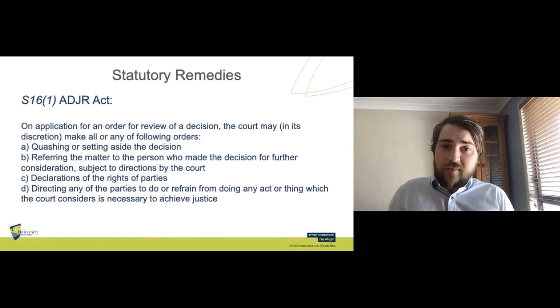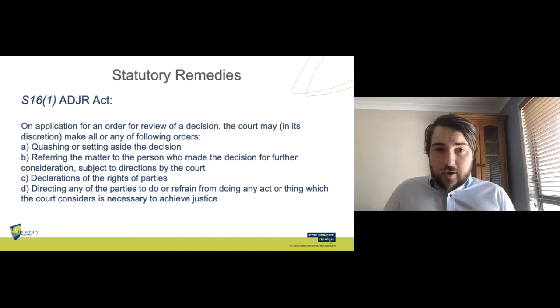Declarations of the rights of parties and directing any of the parties to do or refrain from doing any act or thing which the court considers is necessary to achieve justice. So, for example, directing that the applicant be given procedural fairness or something like that.